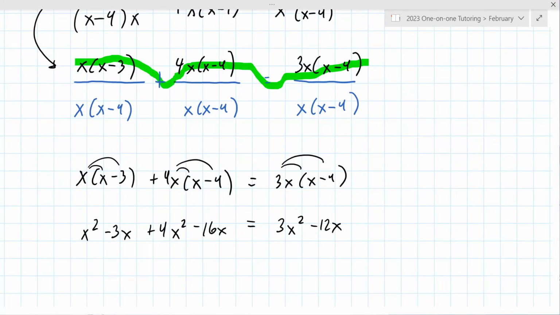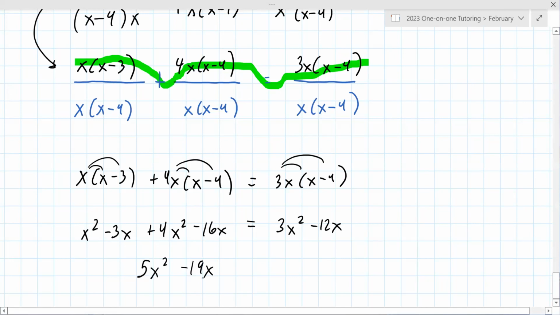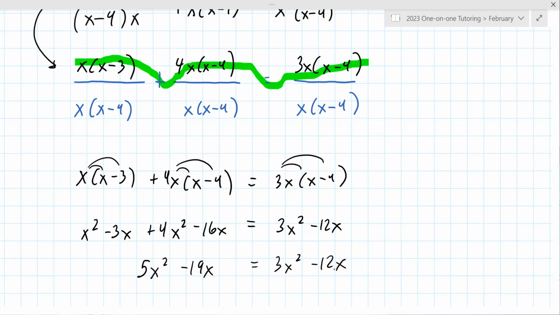Okay, it's a lot of writing to catch up. Okay, now we're just going to combine like terms. So on the left, there's an x squared and an x squared. That's 5x squared minus 19x. And uh-oh, this one doesn't have a nice solution. That's okay.